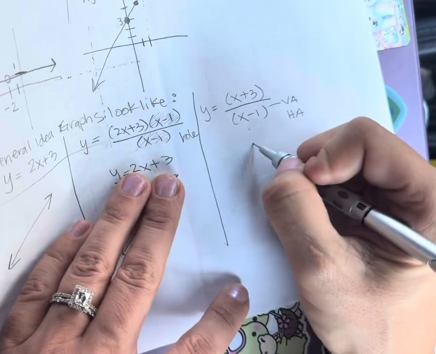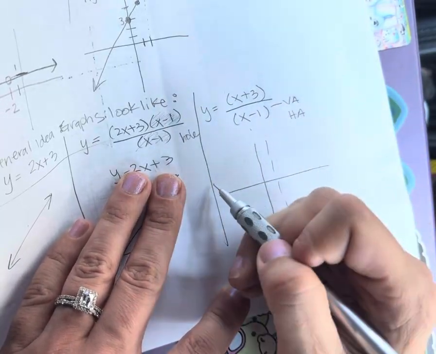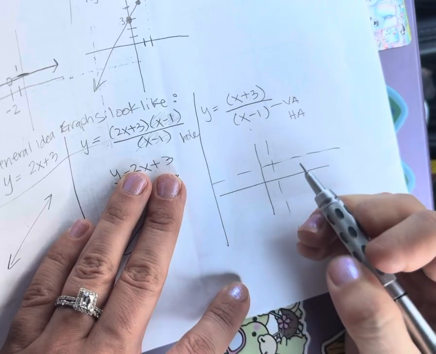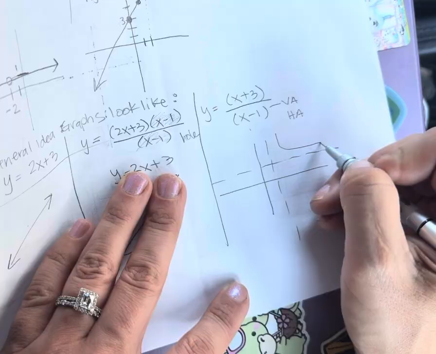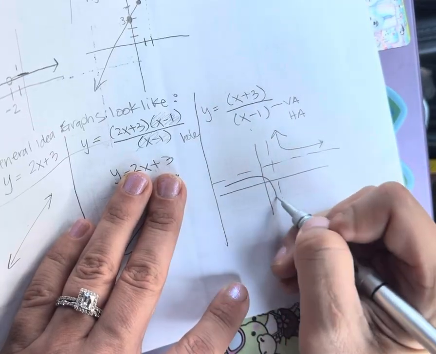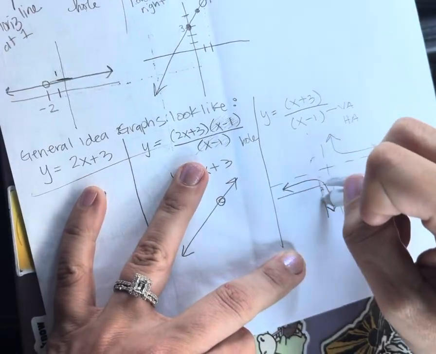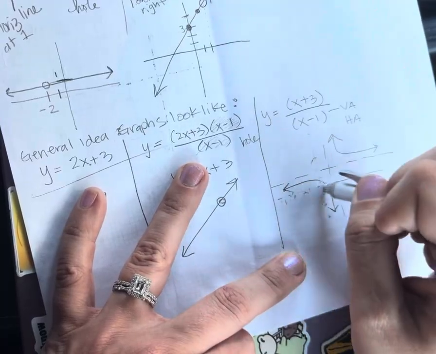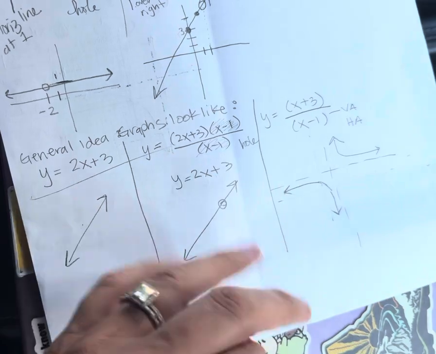So a rational function that has a vertical asymptote and a horizontal asymptote in general looks like this. That shape. And I don't know why I drew the axes, because remember, we're being super general right now. I just want you to know that that's what that looks like.